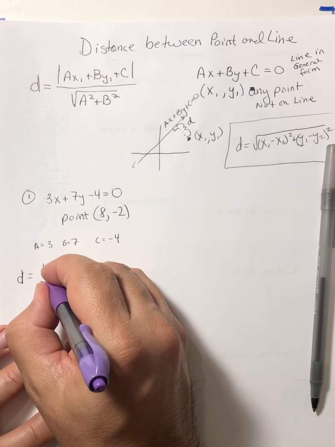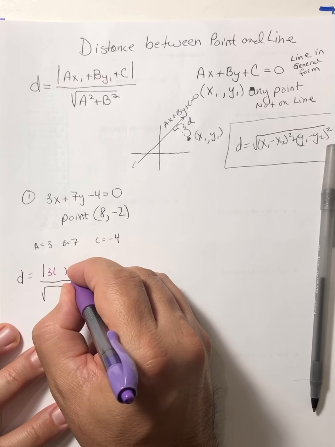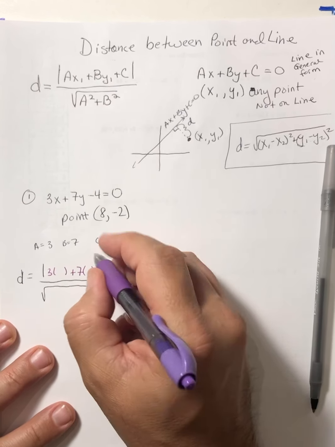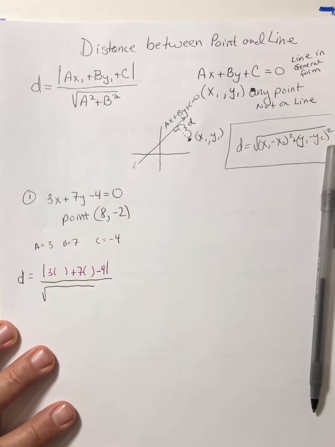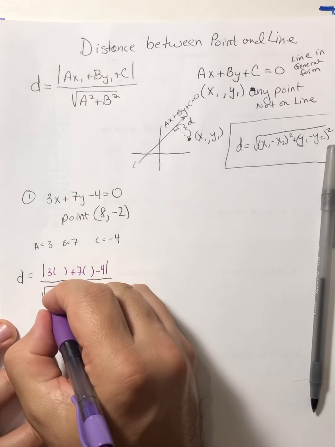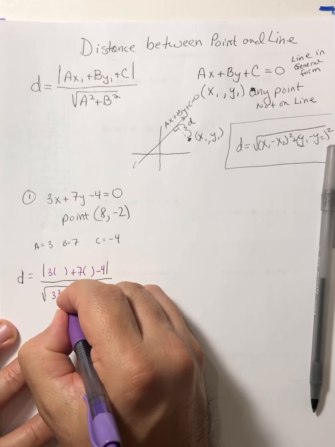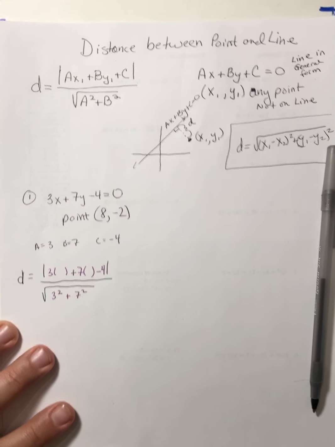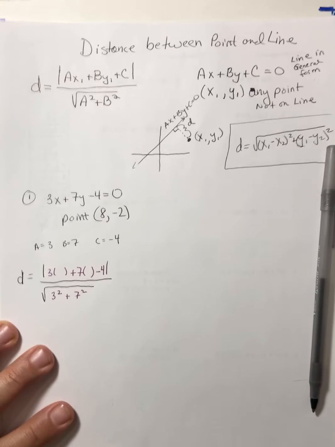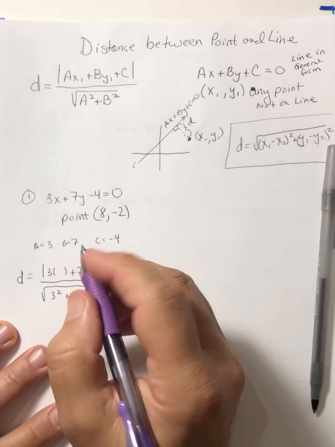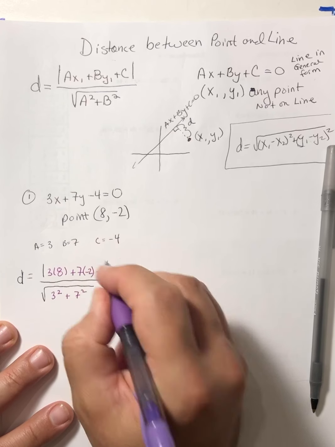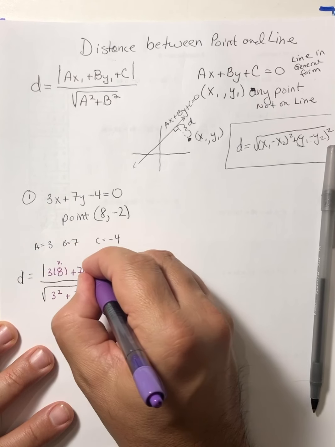So we have 3 times the x coordinate plus 7 times the y coordinate minus the c value, over the square root of 3 squared plus 7 squared. I just start filling in. 8 goes here, -2 goes there, because that's your x1 and your y1.